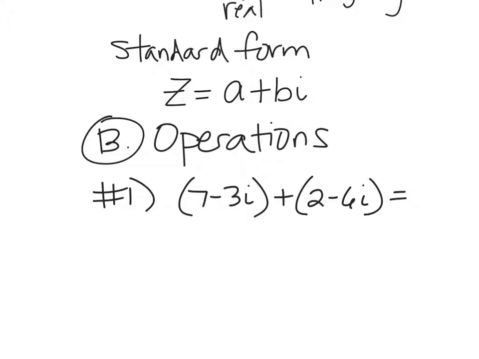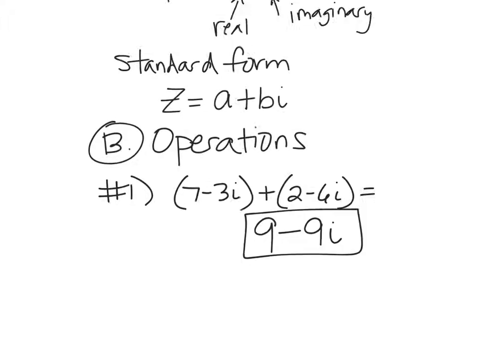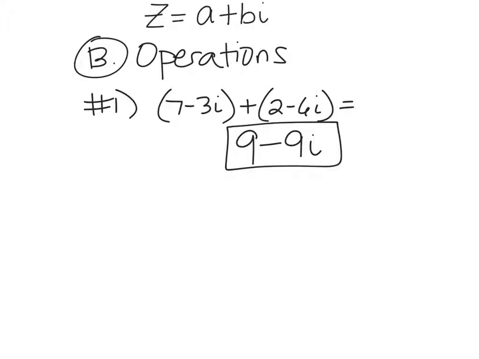Every year, I'll have this in Algebra 2, and I'll have two binomials next to each other, super close, and people don't look at it, and what do you think they do? They FOIL. Yeah. It's terrible. No, this is not a FOIL problem. It's an addition problem. So we're going to take our like terms, our real parts plus our real parts, and our imaginary parts plus the imaginary parts. So 7 plus 2 is 9. Negative 3i minus 6i is negative 9i. Do you remember doing these last year? Yeah, good. All right, so that's pretty easy, pretty basic.